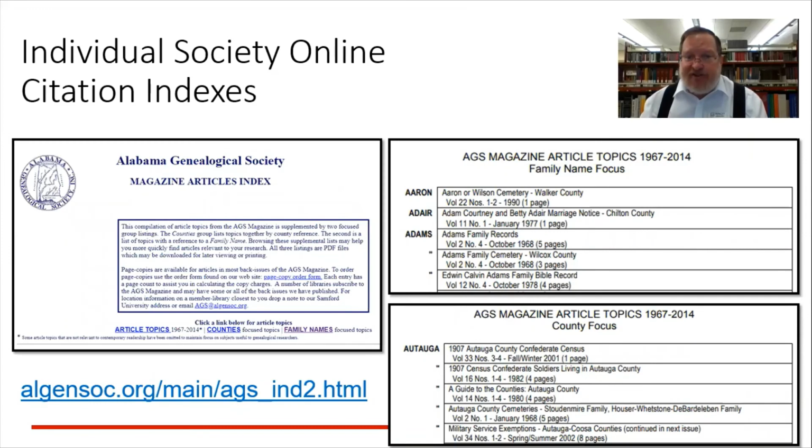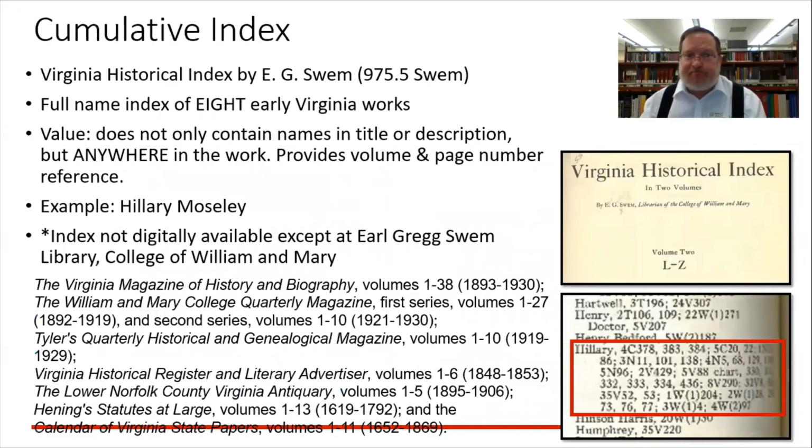An online presence index might be broken down by surnames, by county focus, might be keyword searchable. Now, I want to really point this out. There are indexes that have been made over the years, and this is called the SWEM index.